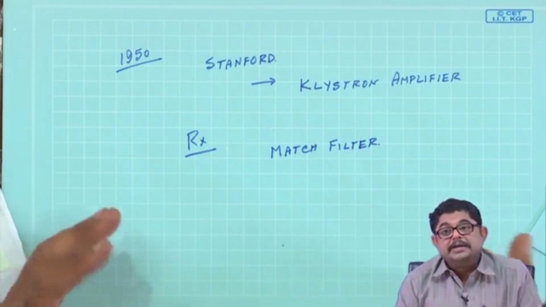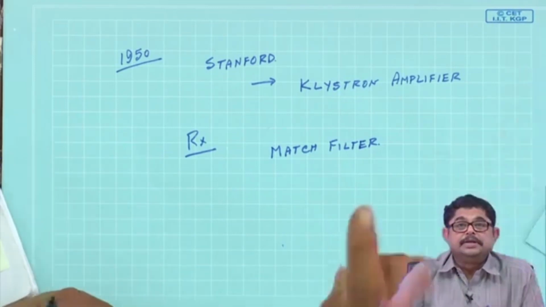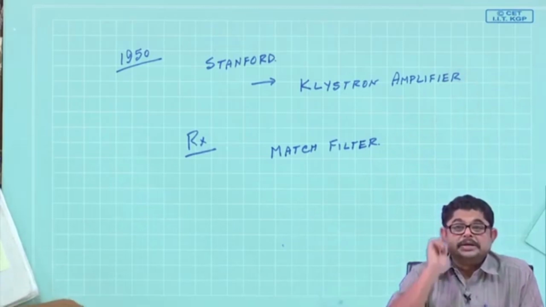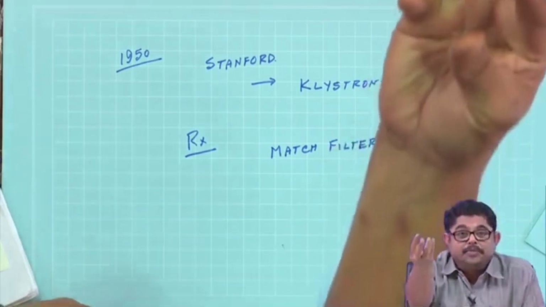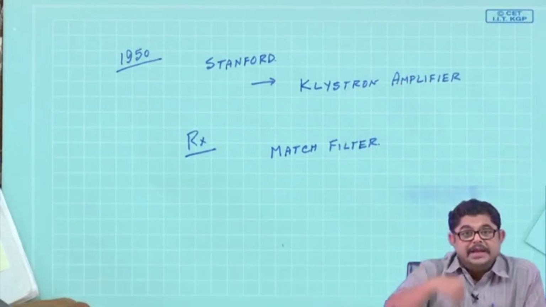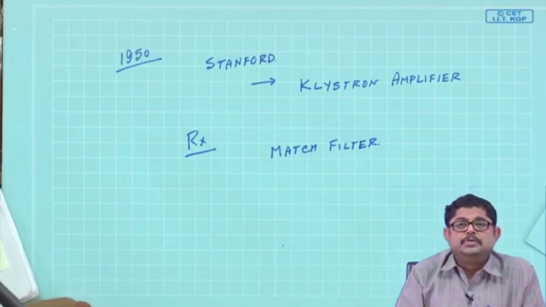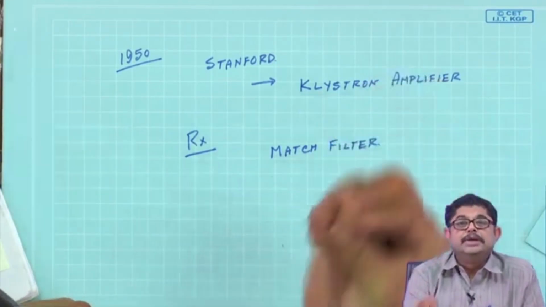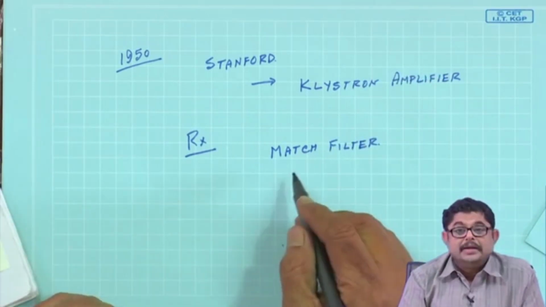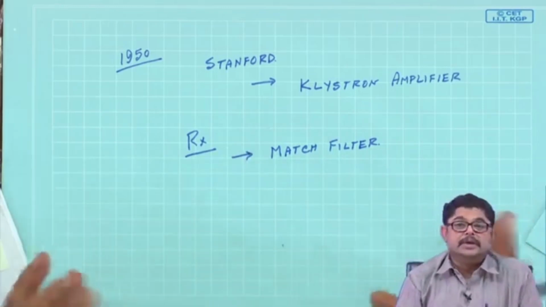Radar is actually a more complicated problem than communication, because in communication the transmitter sends the signal and it goes to the receiver, whereas in radar the transmitter sends the signal, the object receives it and scatters it back, and again it comes to the radar. So it is a two-way journey, a lot of loss takes place, and a very weak signal comes back. How to detect such a weak signal was not possible until the matched filter was invented.